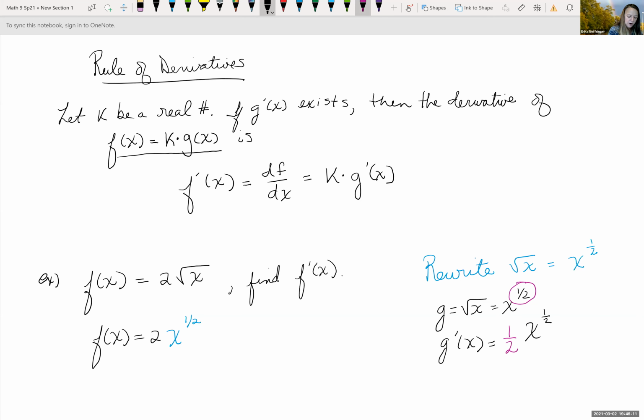I'm going to write my 1 with a common denominator, so instead of 1, I'm going to write it as 2/2. So our derivative function is equal to 1/2 x to the negative 1/2 power.